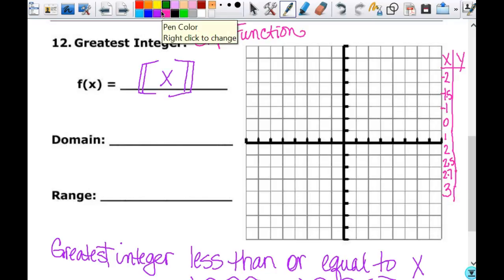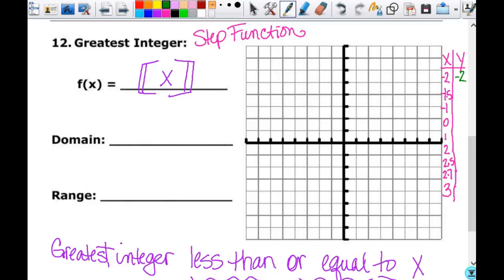So, when I plug in -2, what's the greatest integer less than or equal to -2? -2, right? When I plug in -1.5, what's the greatest integer less than or equal to -1.5?